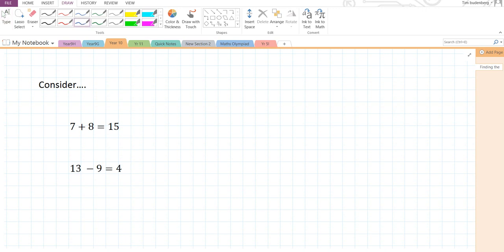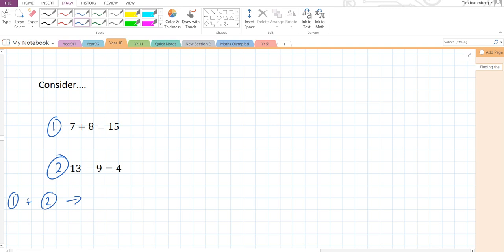And, so you know what I'm talking about, I'm going to call them 1 and 2. Okay? Now I'm sure we can all agree that 7 plus 8 equals 15 and that 13 minus 9 equals 4. But what's very cool is we can take equation 1 and add it to equation 2 to give us an entirely new equation.